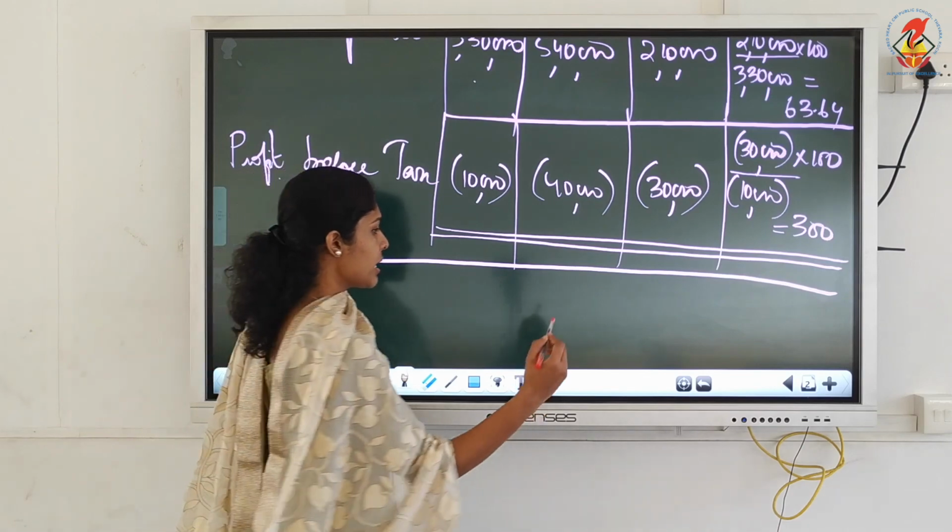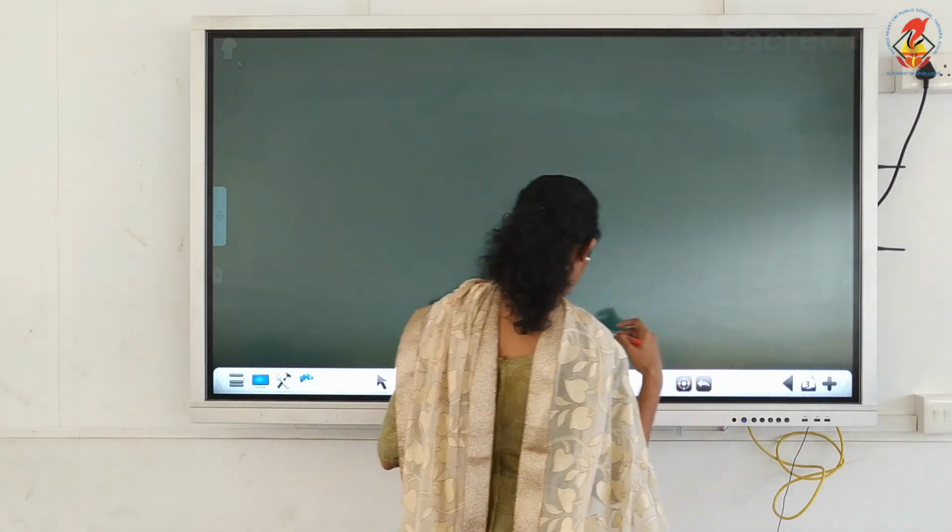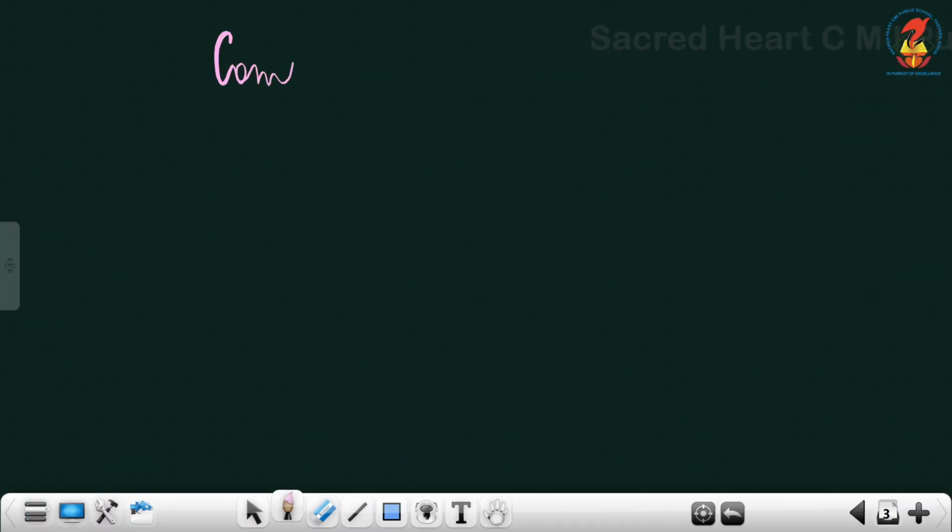So you give the heading comparative statement of balance sheet. Comparative, we are doing illustration number 4.